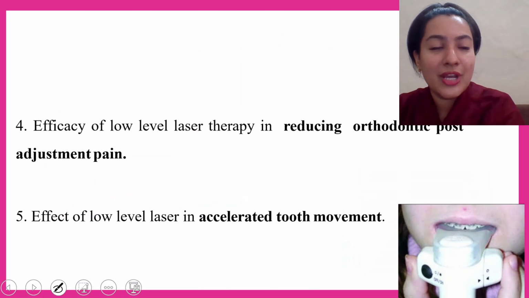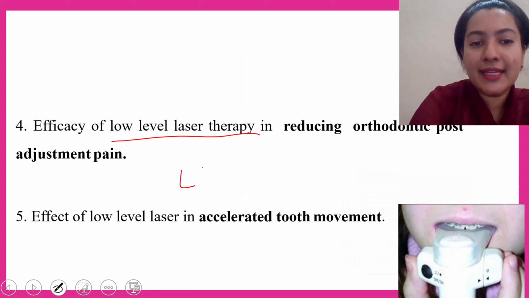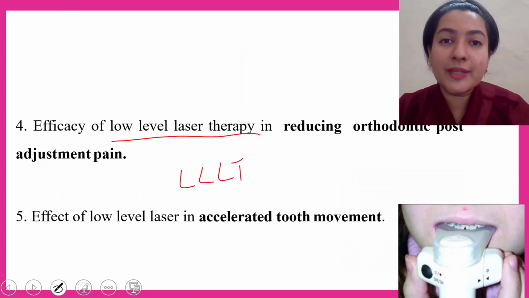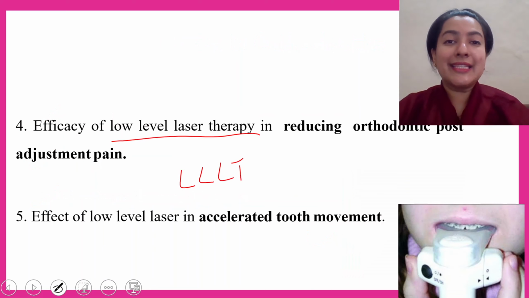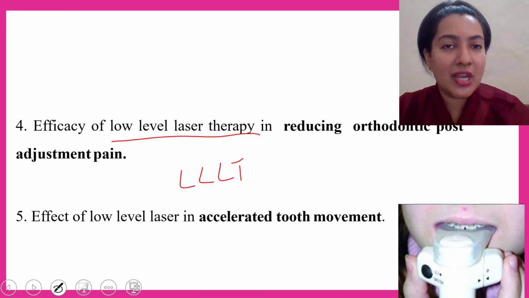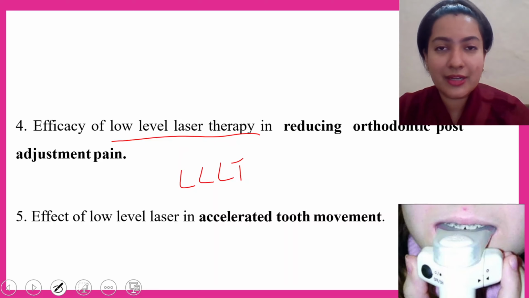And there are a few more uses. This is known as LLLT, that is low level laser therapy. It is used in reducing orthodontic post-adjustment pain. See, whenever the patient visits us, monthly visit, we change the wire, we tighten the screws, or whatever needs to be done is done.